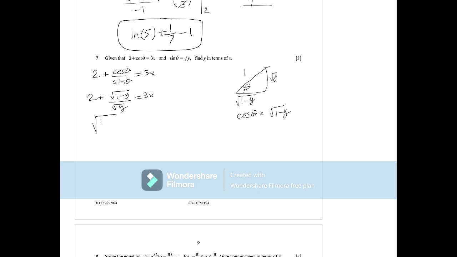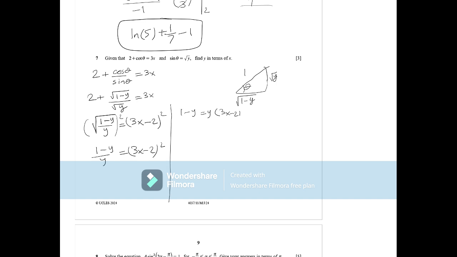And then root 1 minus y over root y is equal to 3x minus 2. If you square both sides, you have 1 minus y over y is equal to (3x - 2) squared. So 1 minus y is equal to y times (3x - 2) squared, so 1 is equal to y times (3x - 2) squared plus 1.